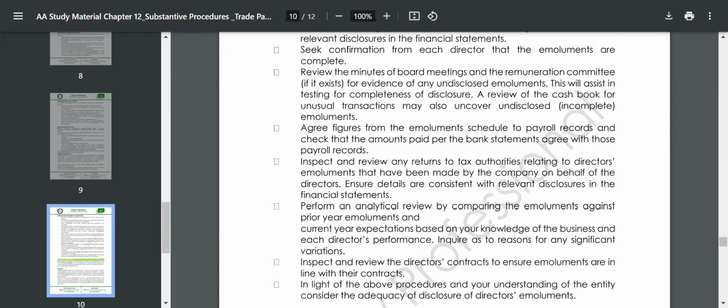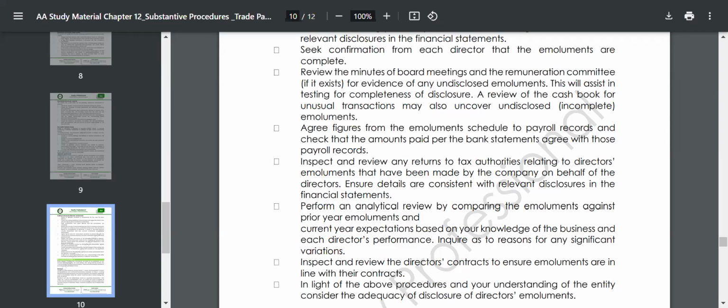So there will be justification for that. Analytical procedure will give you comparison analysis so that you can observe any deviation. It's used for almost all types of substantive procedure. Even if you are doing substantive procedure on liability, analytical procedure should be part of it.